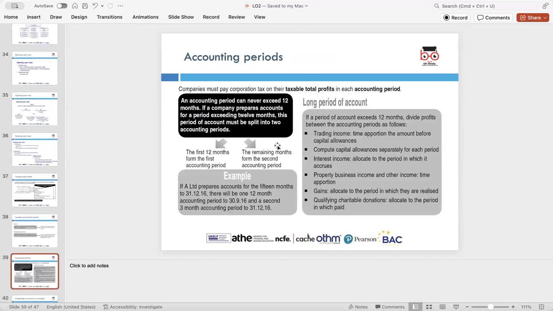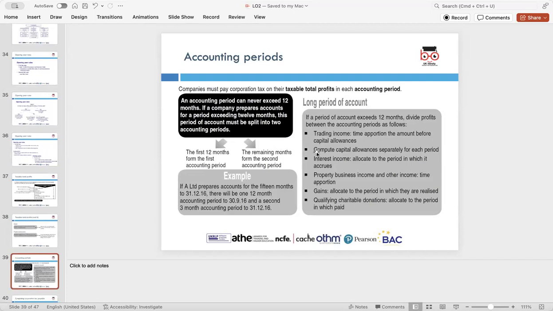Accounting periods: when a company's accounting period is longer than 12 months, it needs to be split into two separate accounting periods. The first 12 months form one accounting period, while the remaining months form another.